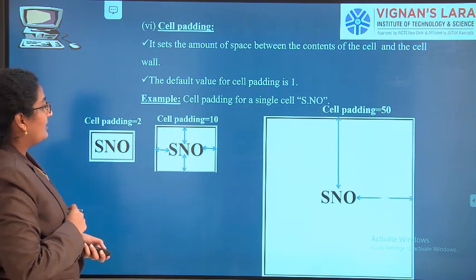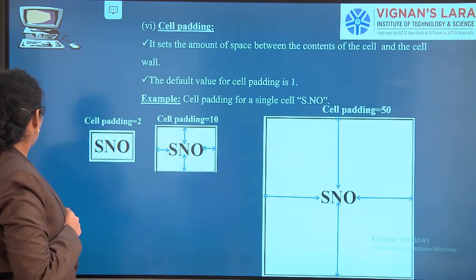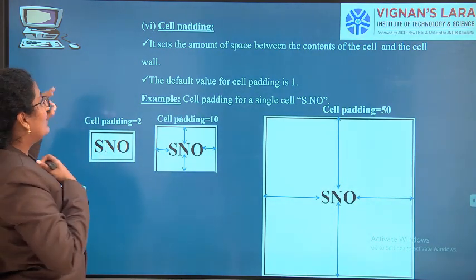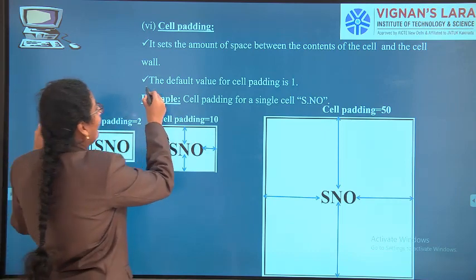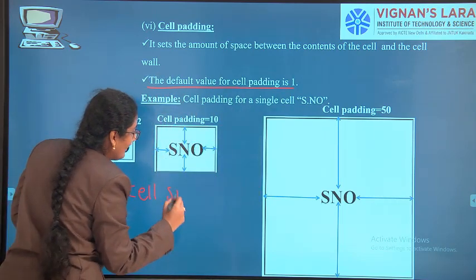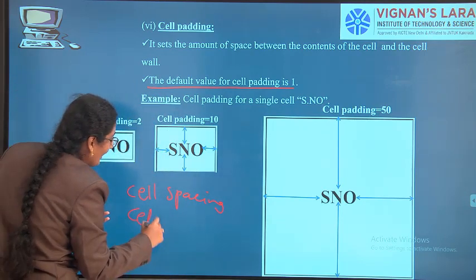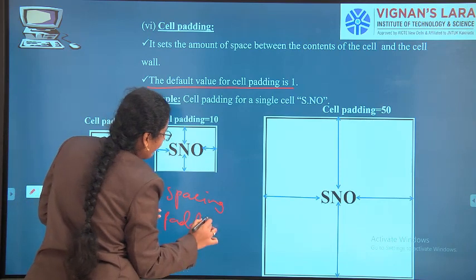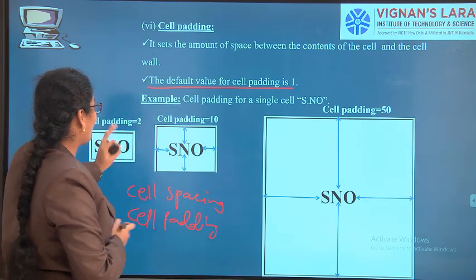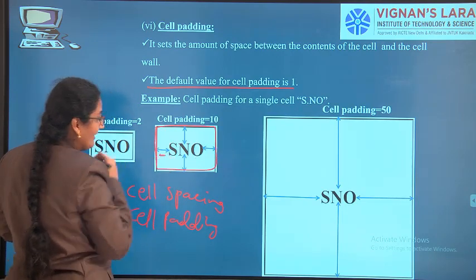Observe the blue lines here. This is cell padding. The default value of cell padding is 1. What more attributes do we have besides cell spacing? Cell padding. The distance from the outer border to the cell content can also be defined.